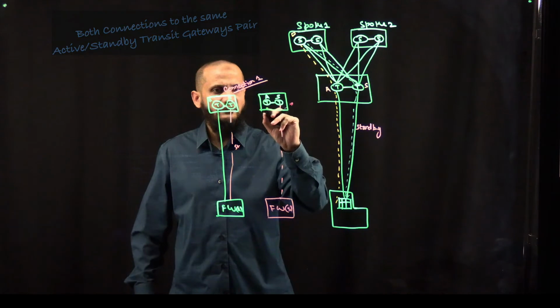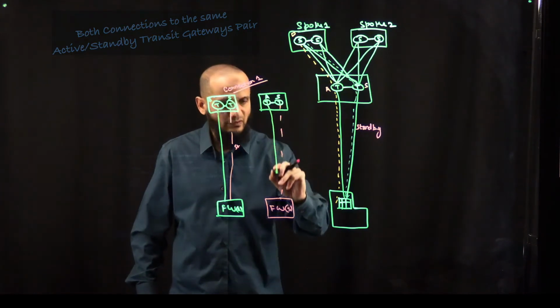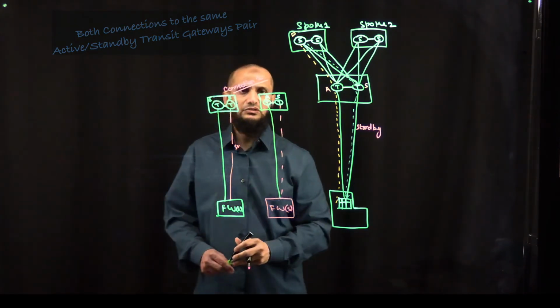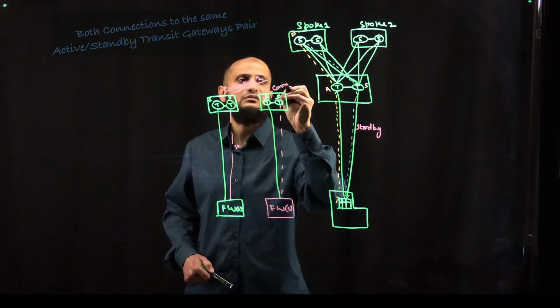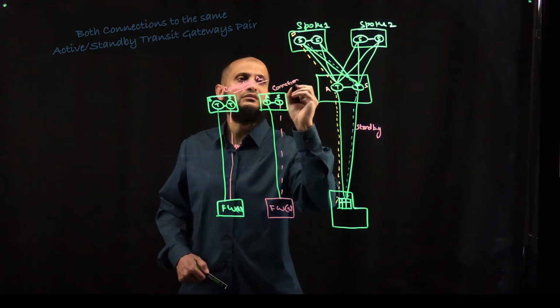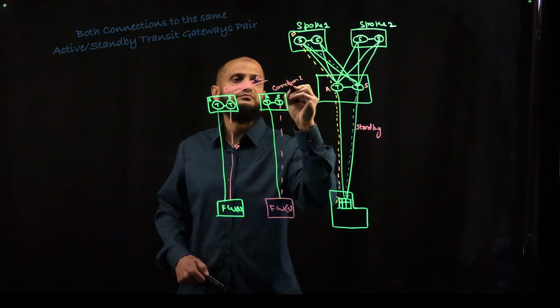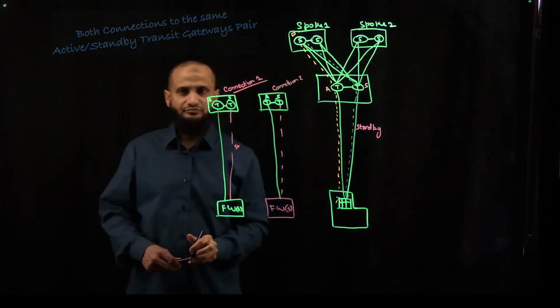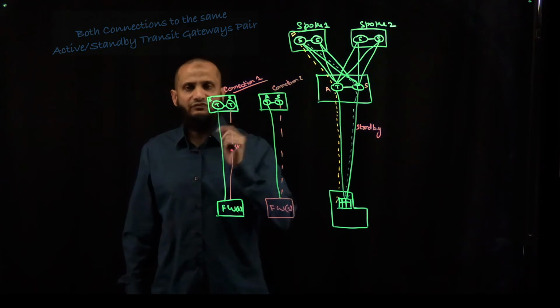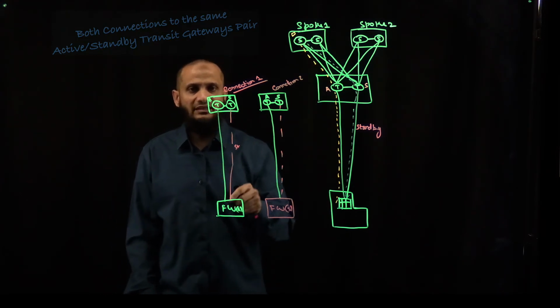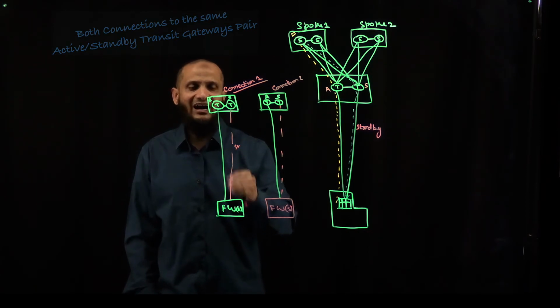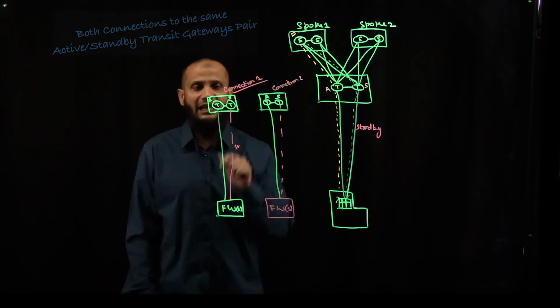And then we have two connections over here, connection 1, and this one is connection 2. So if we talk about connection number 1 from transit to active firewall, the second connection will automatically have a higher metric on the HA gateway.